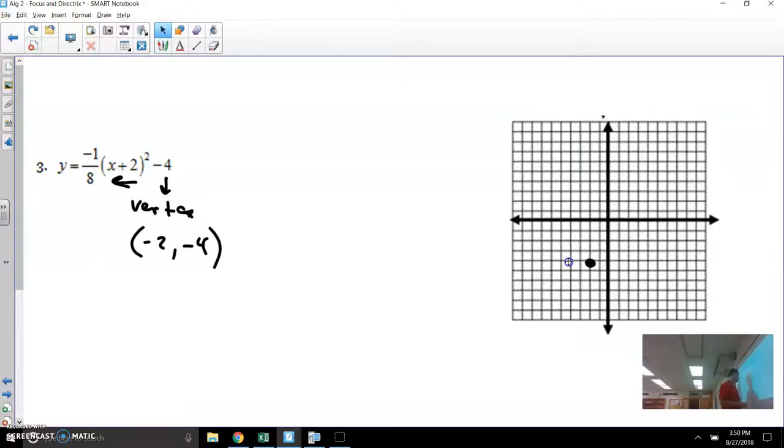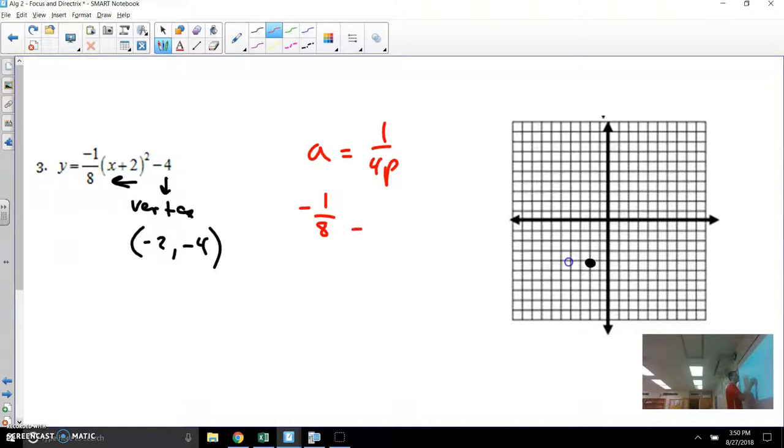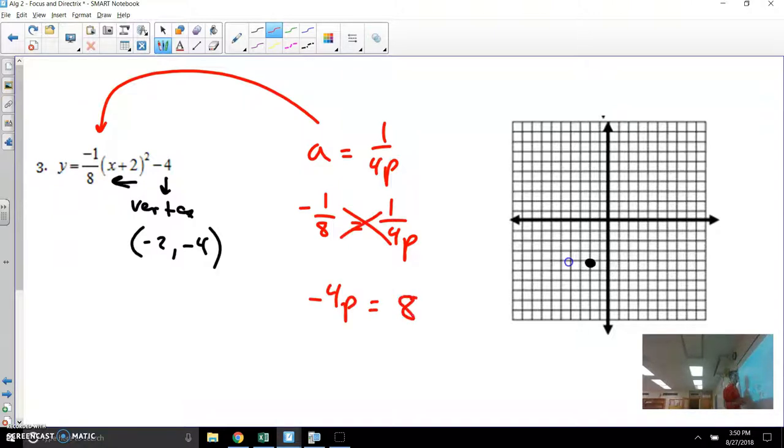All right, so same idea. We have this formula which helps us identify what the distance will be for the next point. And so I'm going to say that this is -1 over 8, and that value is this value in the front. So let's cross multiply and see what we get. 4p times -1, -4p. 8 times 1 is 8.